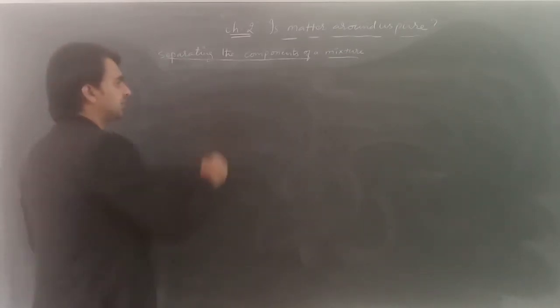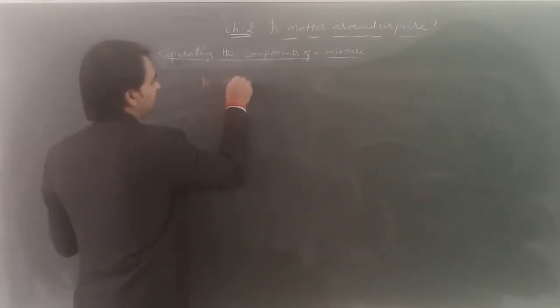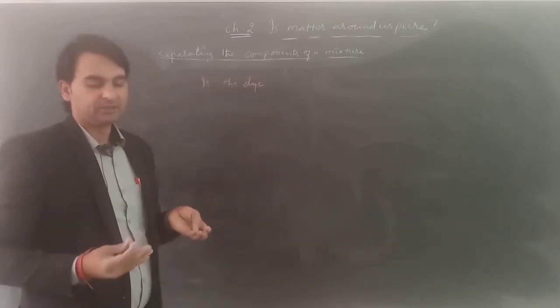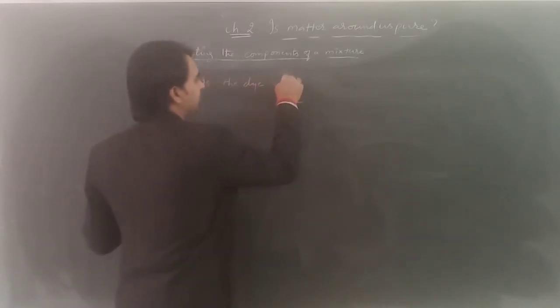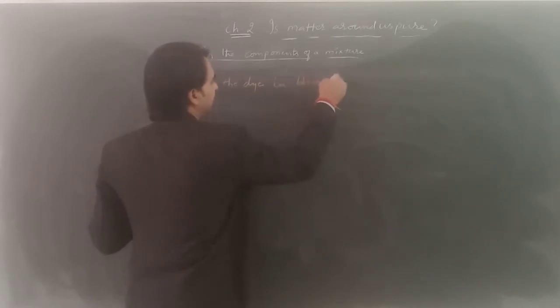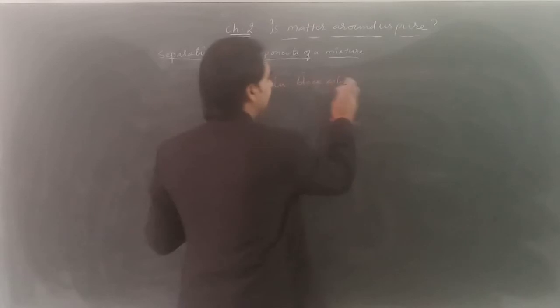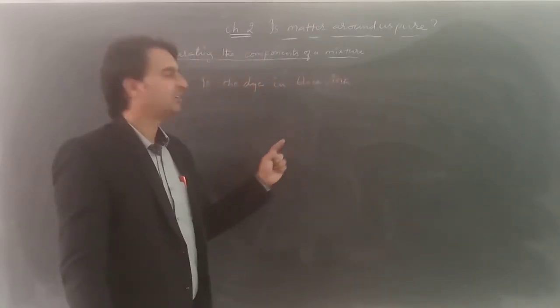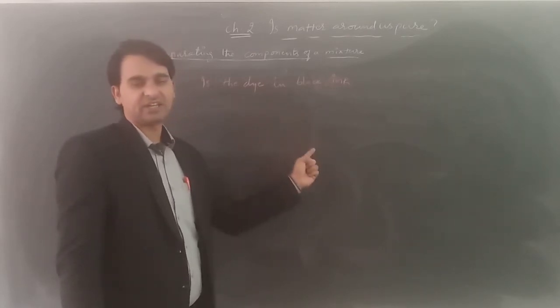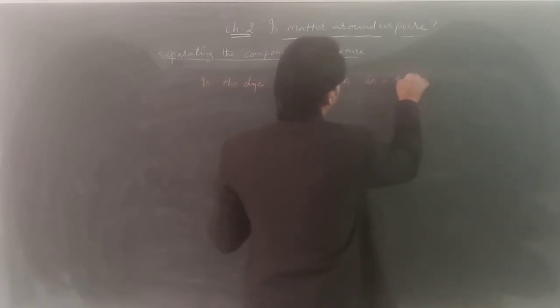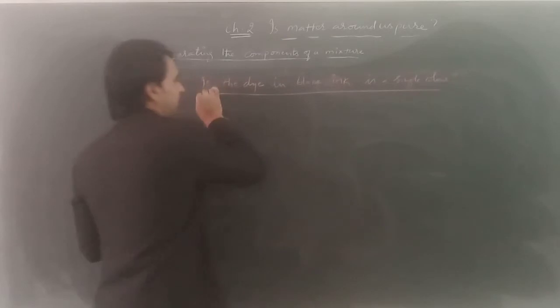Suppose blue or black, whatever dye is used, say black ink. Suppose you took black ink instead of blue. So the dye present in the black ink is a single color, or is it a combination of different colors? This is the question.